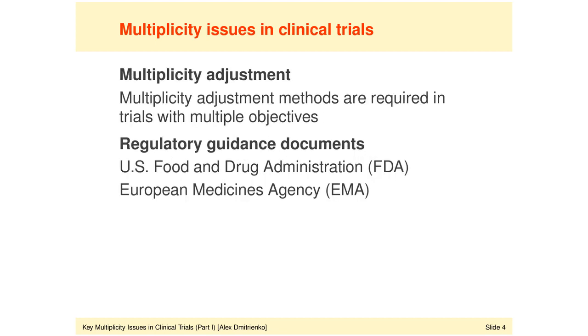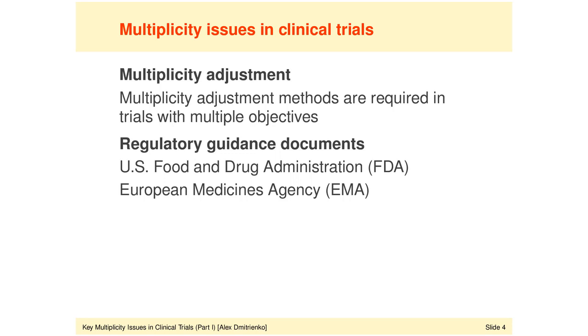An obvious conclusion at this point is that multiplicity adjustment methods are required in trials with multiple clinical objectives to support reliable statistical inferences. These methods must be prospectively specified and applied to protect the false positive rate.